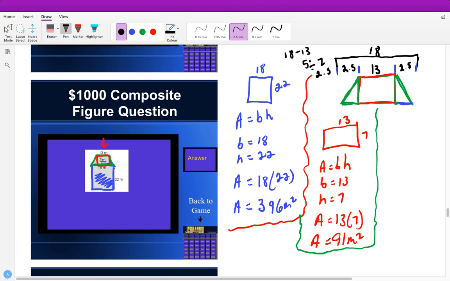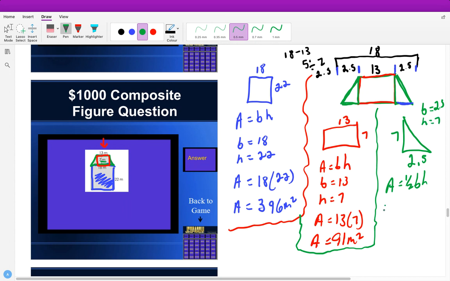All right, so now I'm going to start by drawing this triangle off to the side, where I know that my base is equal to 2.5. The height is going to be the exact same height that was for our rectangle here, so that will be equal to 7. Area is equal to 1/2 of base times height. My base is equal to 2.5. My height is equal to 7.